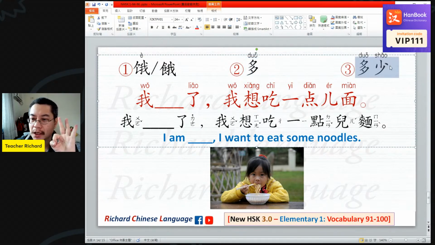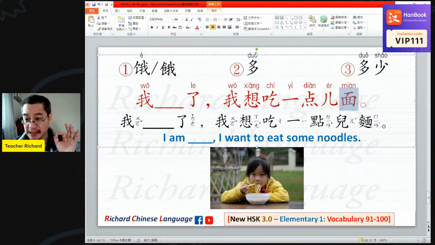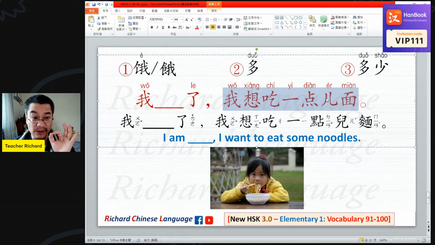My sentences. 我了. 我想吃一点面. 我想 think want, 吃 eat, 一点 some, a little, a few, 面条 noodles. 我想吃一点面, I want to eat some noodles.